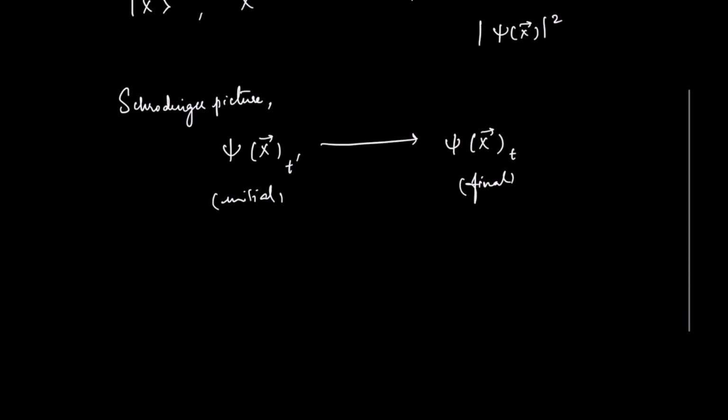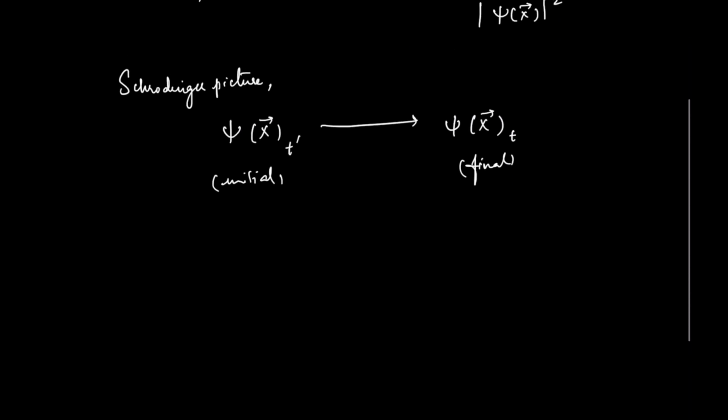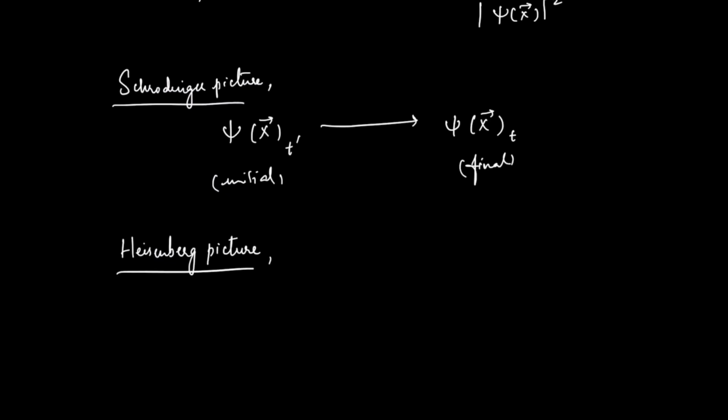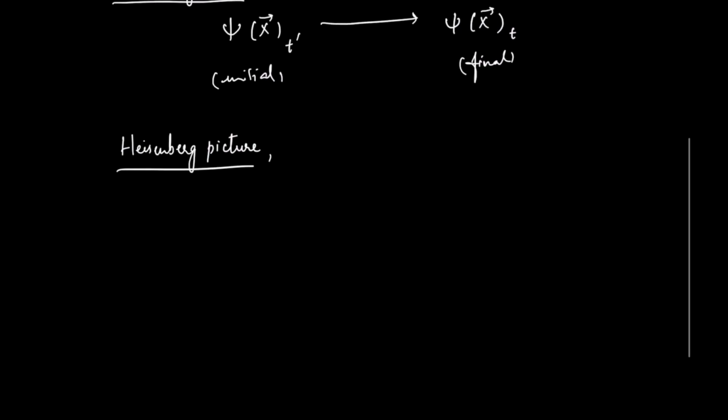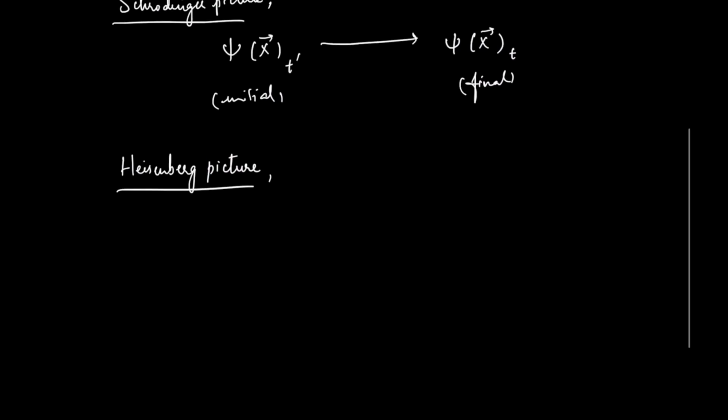Now, that was the Schrodinger picture. In the Heisenberg picture, the position operator depends on time, so x is x of t. Then the position eigenvector needs a time labeling.